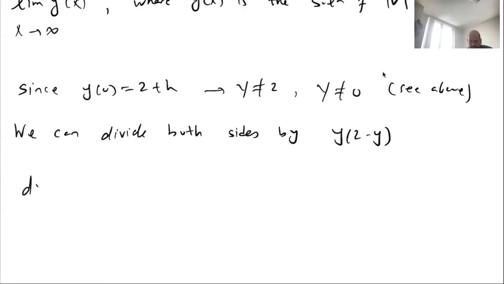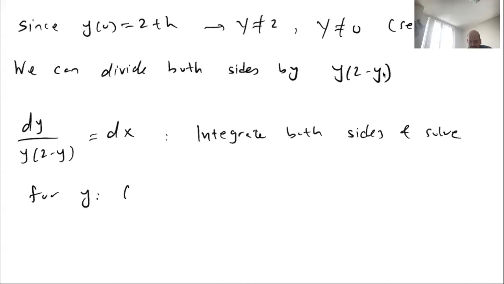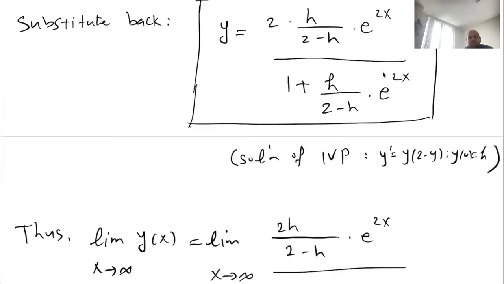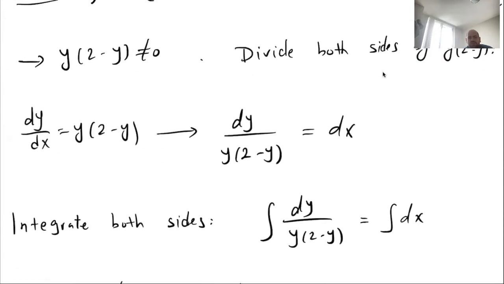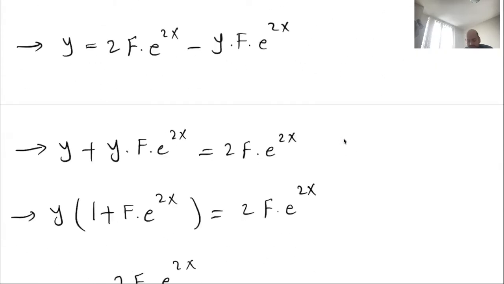And then we'll get dy over y times 2 minus y equals dx. Then again, integrate both sides and solve for y. The calculation from here will be similar to what we did above. Above, we also solved the same equation, the integral of dy over y times 2 minus y equals dx, which is exactly what we have here.